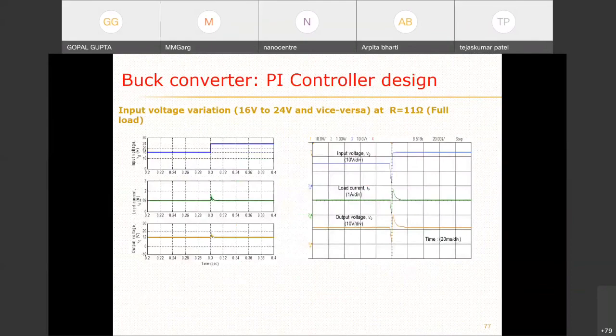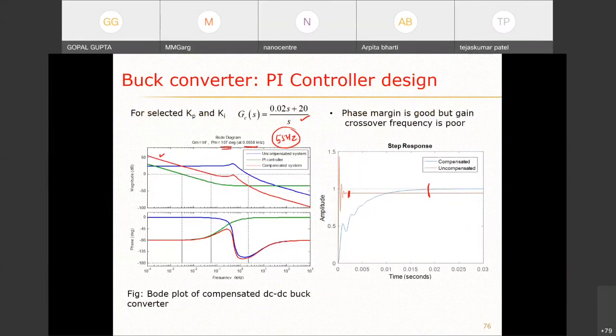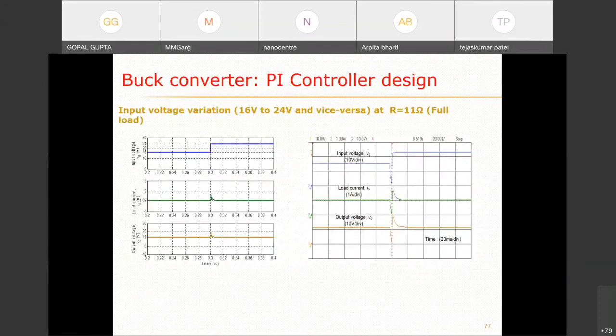So I need to come to this side, and on this side the frequency is very low, right? That's the issue with a single PI controller. And that's the reason steady state error has been eliminated, overshoot has been decreased, but the settling time has increased. There are ways to eliminate that also, but time is over.